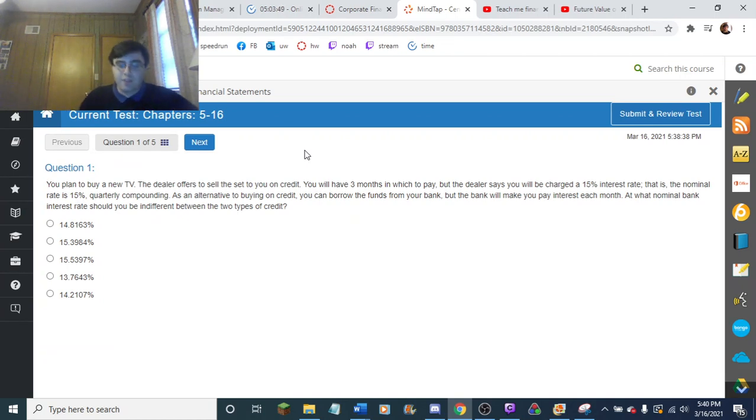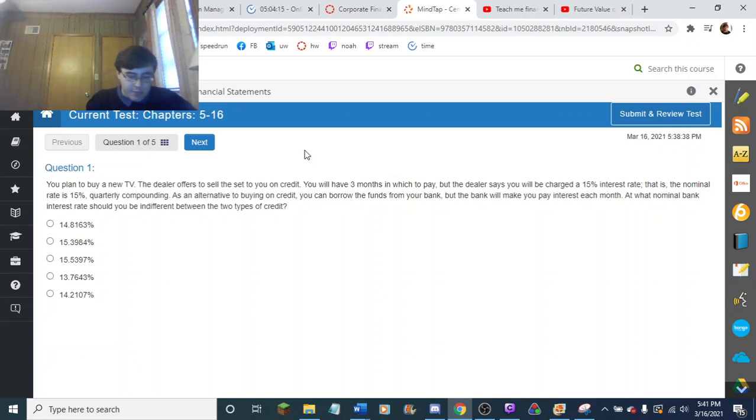So now the effective rate of the bank is going to be that. So now what we're going to do is second icon, we're going to compute the nominal.